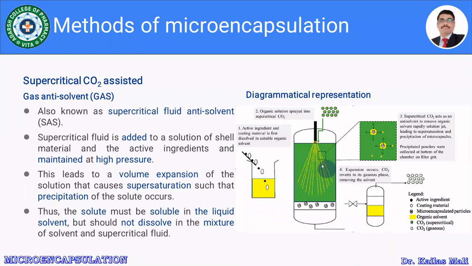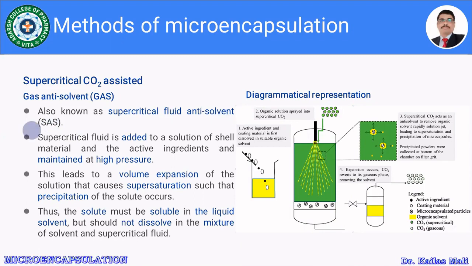When we are decreasing the pressure of the chamber, automatically the carbon dioxide gets converted into its gaseous phase, and along with that the organic solvent gets removed from the chamber. So theoretically it is known as the supercritical fluid anti-solvent method.